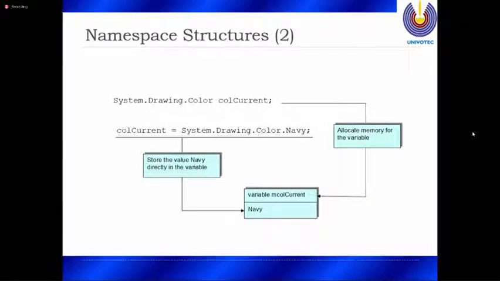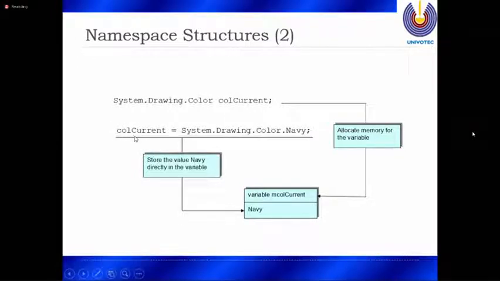Now you can see System.Drawing.Color as colCurrent. This is the variable name. We are going to assign some color for a particular object. Col is the three-letter prefix for the color data type.